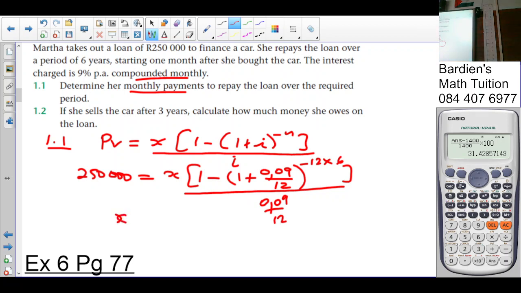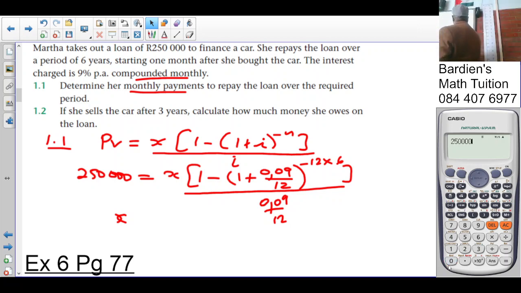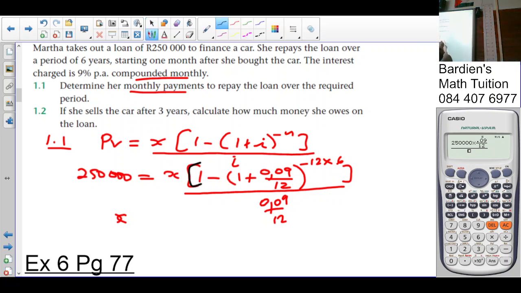So what I do is I say 250,000 rand multiplied by 0.09 over 12. Okay, and then I divide it by this factor here to get x on its own.